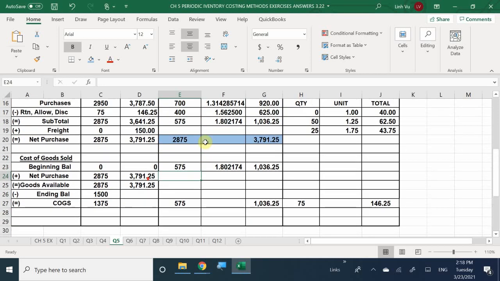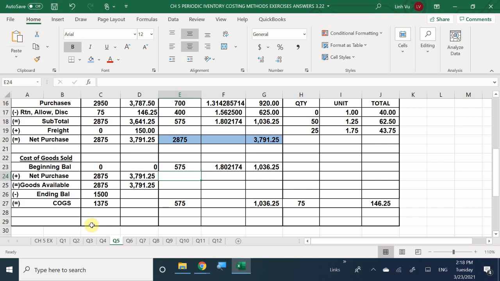Okay? When we calculate, we're only calculating for cost of goods sold while using LIFO method, right? If you've mastered or understand how LIFO works, then you can also understand how to find the ending balance, right? But in this case, I kind of want you to go through one method first and only stick with one method.